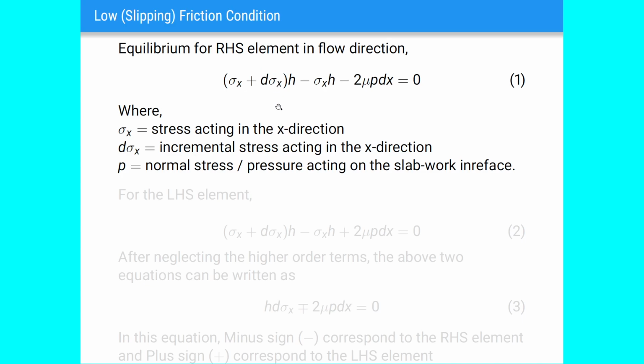Then consider the left hand side. In the left hand side, this equilibrium equation will yield the following. The only difference is that earlier the frictional component had a negative sign, now it has a positive sign. Most of the elements remain the same. So this will be sigma x plus d sigma x into h minus sigma x into h plus twice mu p dx.